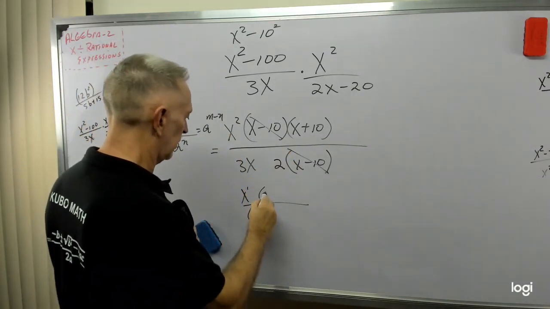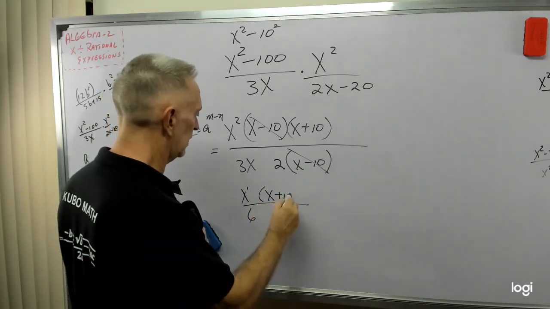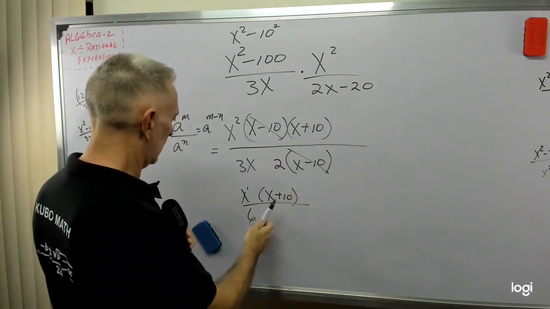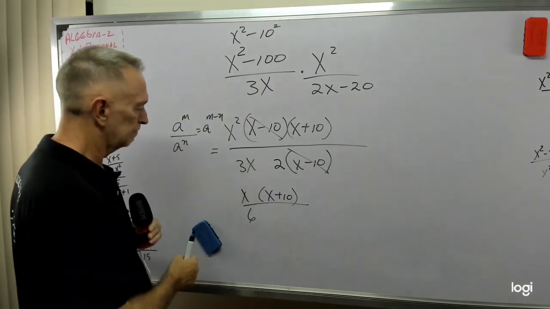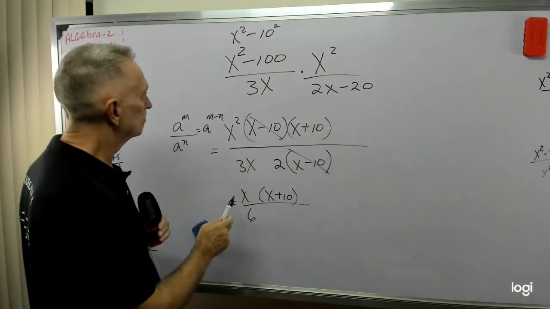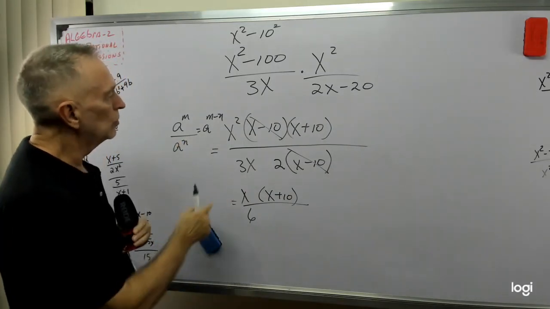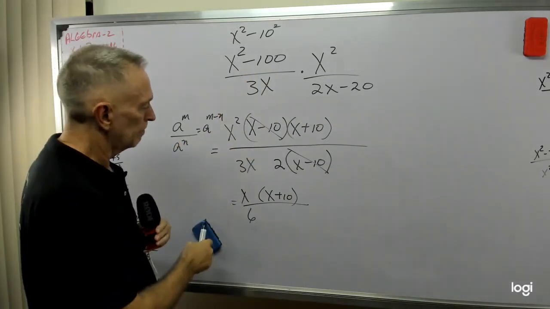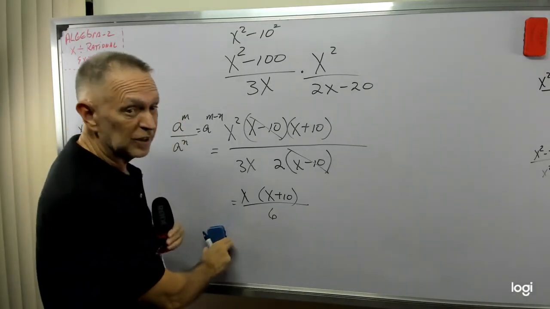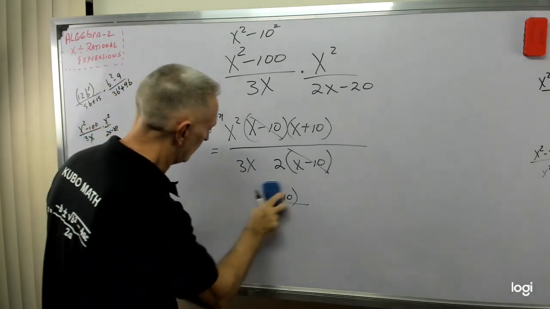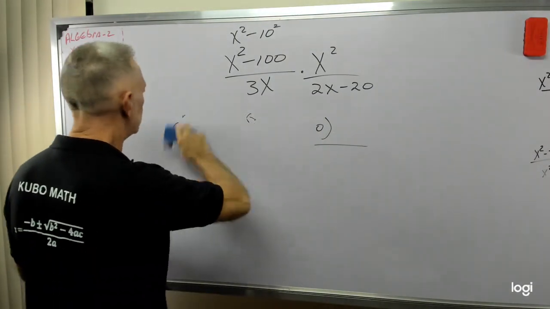So what's left up here? x plus 10, and that's it. So x times x plus 10 over 6. Okay, so we used that rule, and then we factored. I could write that a little better and put the 6 in the middle. Two down.